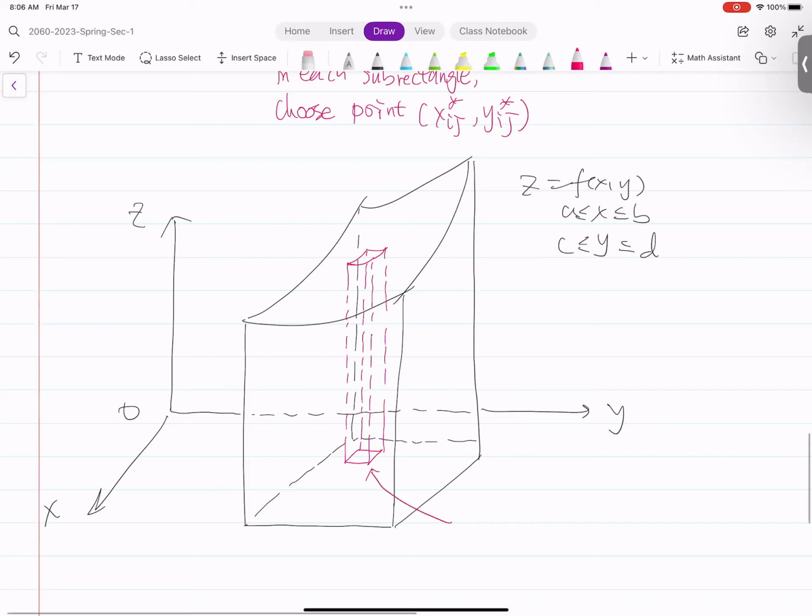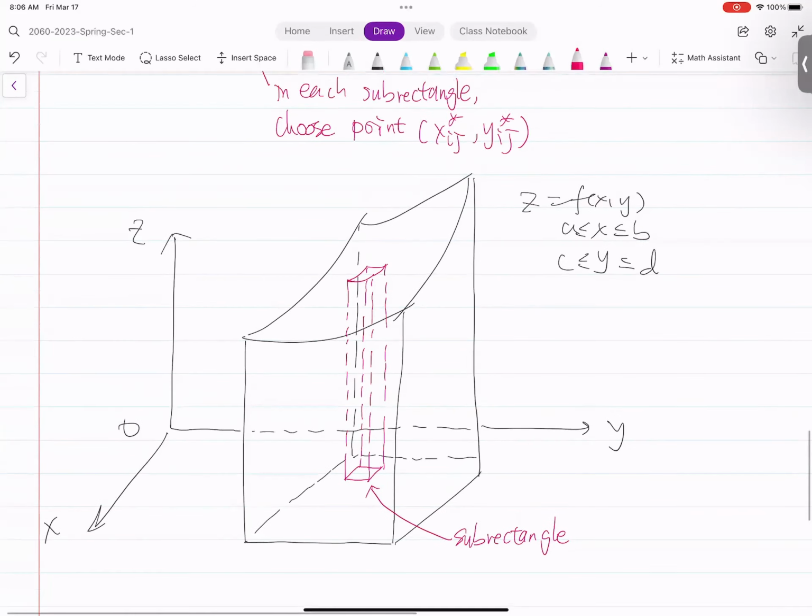So this is a subrectangle. And then we just need a height, right? Basically, the base area is actually not difficult to find.